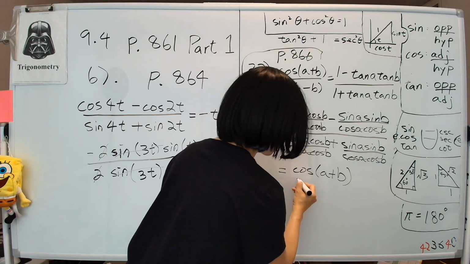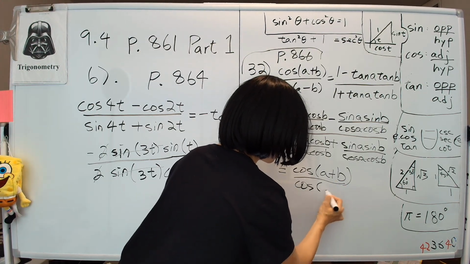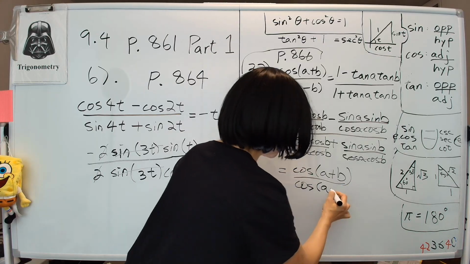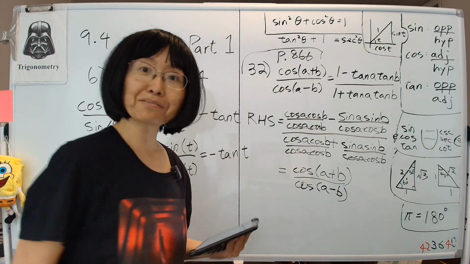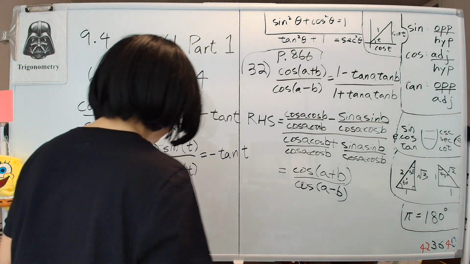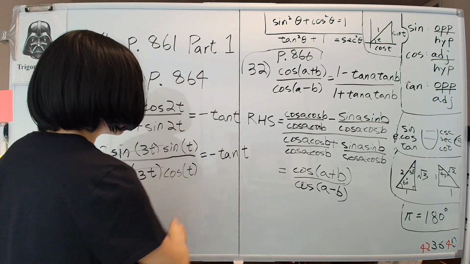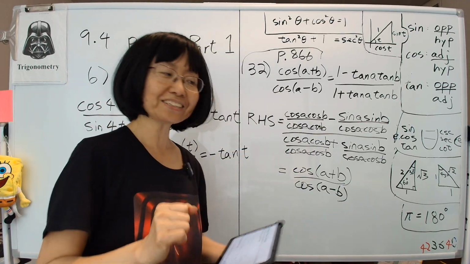So in other words, the bottom will be equal to cosine of A minus B. And that happens to be exactly what we were setting out to prove. So this turns out to be just one step. You take one step and you basically get to the end of the solution.